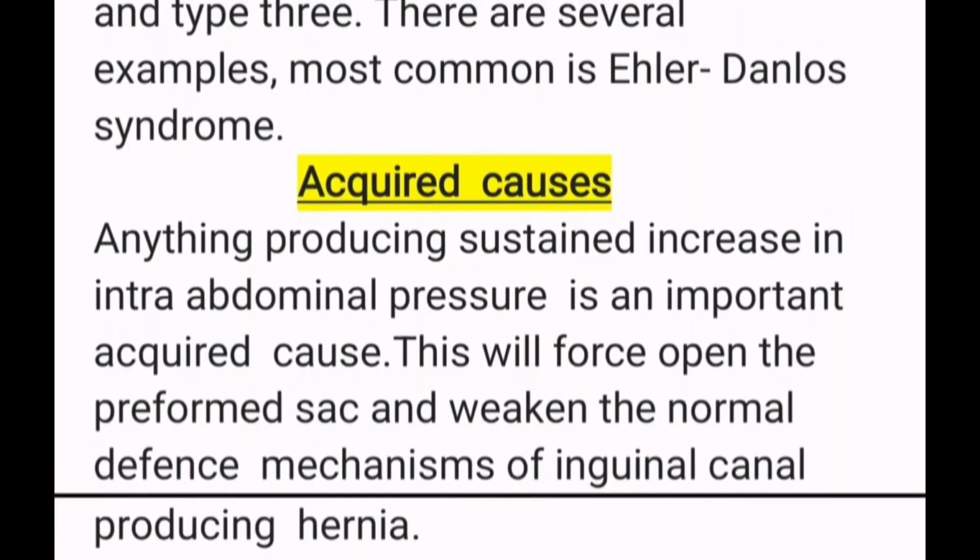Now let's move on to acquired causes of indirect inguinal hernia. Anything producing a sustained increase in intra-abdominal pressure is an important acquired cause. This will force open the preformed sac and weaken the normal defense mechanisms of the inguinal canal, thus producing hernia.